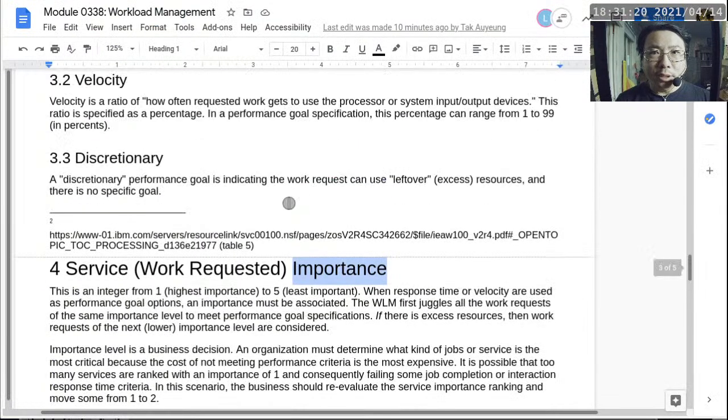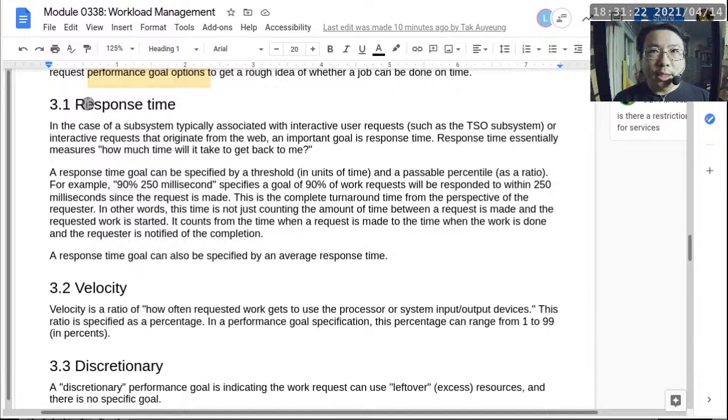Okay, so getting back to here, we can understand how response time relates to things that are interactive, especially when there are end users involved. Velocity, on the other hand, makes more sense when it comes to things in batch mode. Let's say we want to print out paychecks for the entire state of California. It's not important to talk about response time in that case.